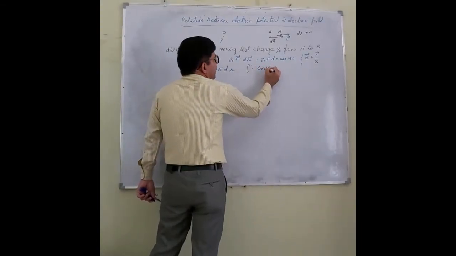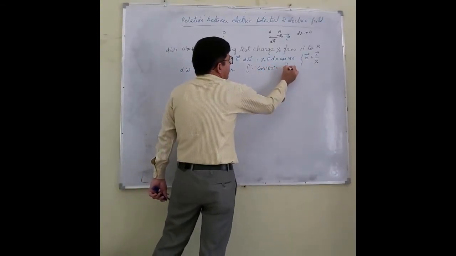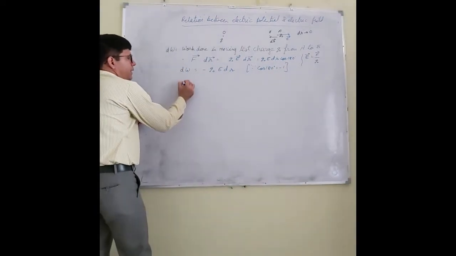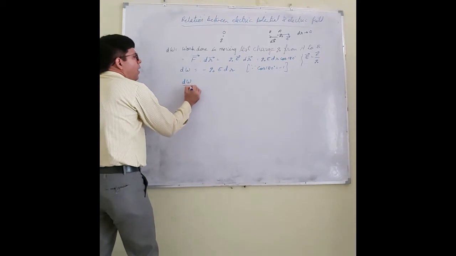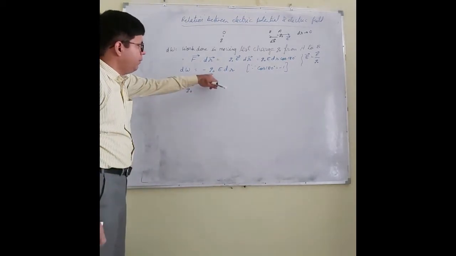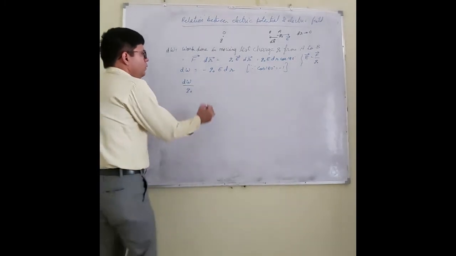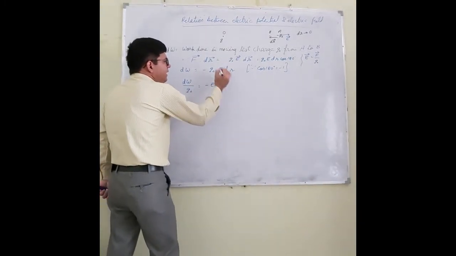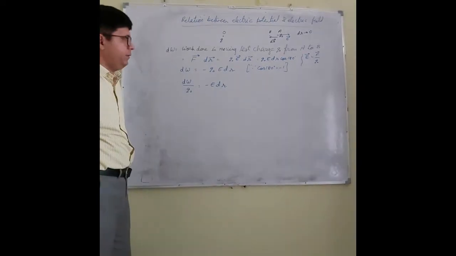Because cos 180 degree is minus 1. Now, dW upon Q naught, I can bring this Q naught here, so it is equal to minus E dr.